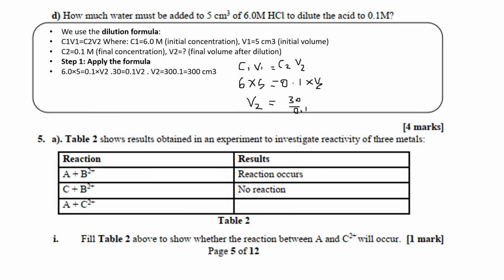So in this case, it means that the final volume is 300, because we are dividing 30 by 0.1, that's 300. So the final volume, the volume after adding water, is this one.